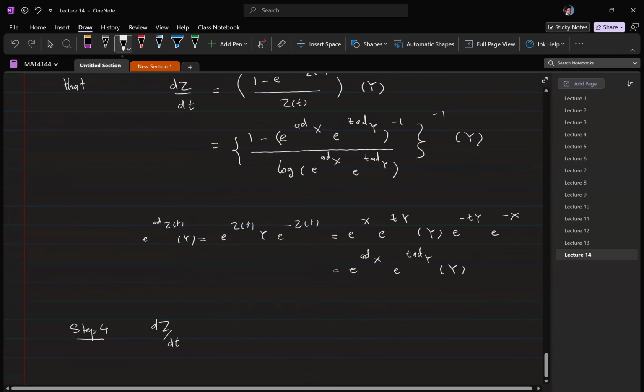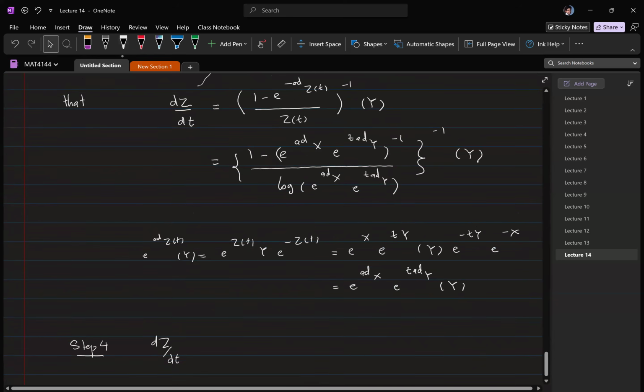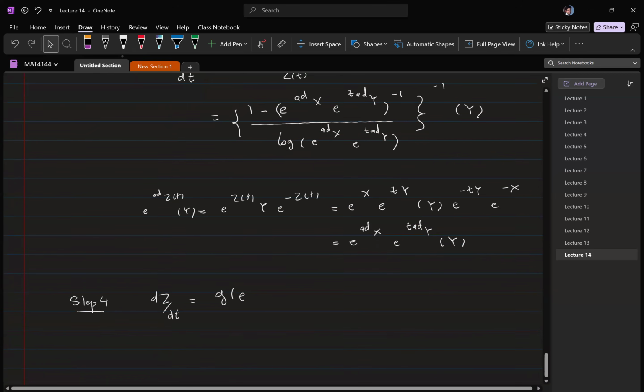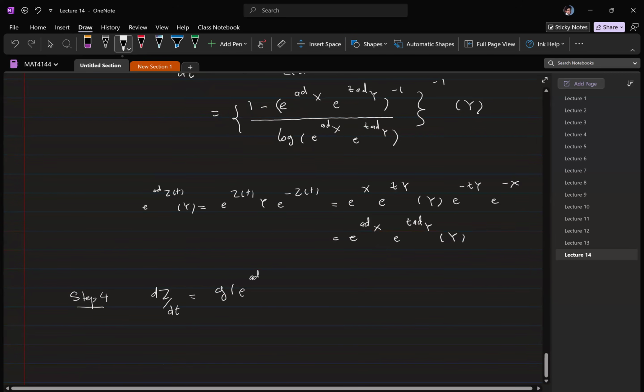From the previous step, we see that this dz dt is just g of e to the ad x, e to the t ad y, for g of z being 1 minus e to the minus z divided by z. Okay, this is applied to y.